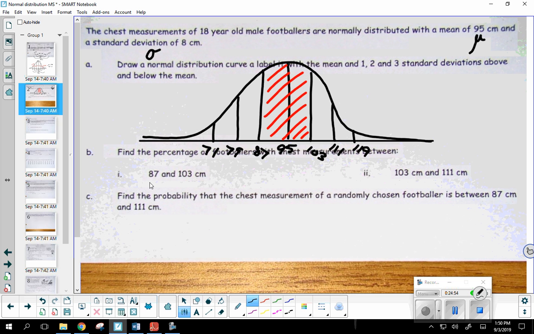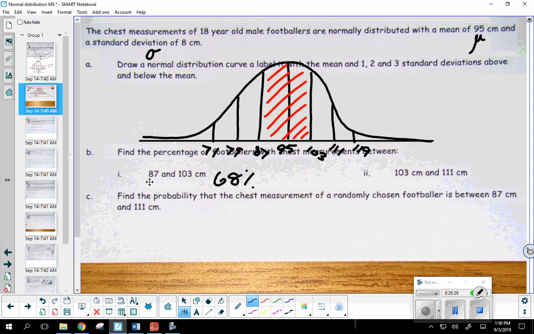Those two identical regions together within one standard deviation, it's always what? 68%. So if I put all of the data from the smallest chest measurements to the largest, how many are going to fall between 87 and 103 centimeters? It should be 68% of the data, because I'm just adding up the areas below the curve.